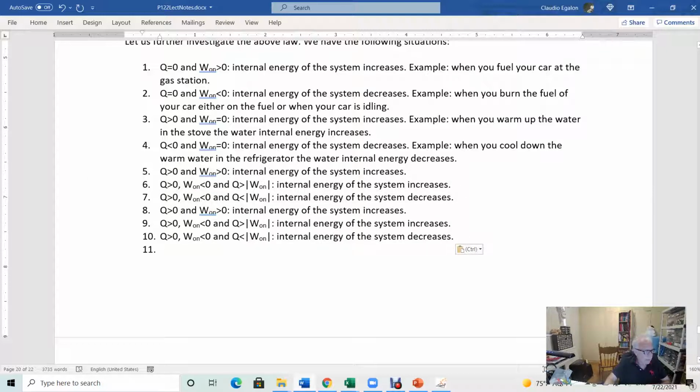Total of how many? Let's see. We have a total of 10 cases that you're going to find out there. It all depends. Okay. Let's see. Here you go. If both Q, the heat, is less than zero and the work done is less than zero, the energy of the system decreases.